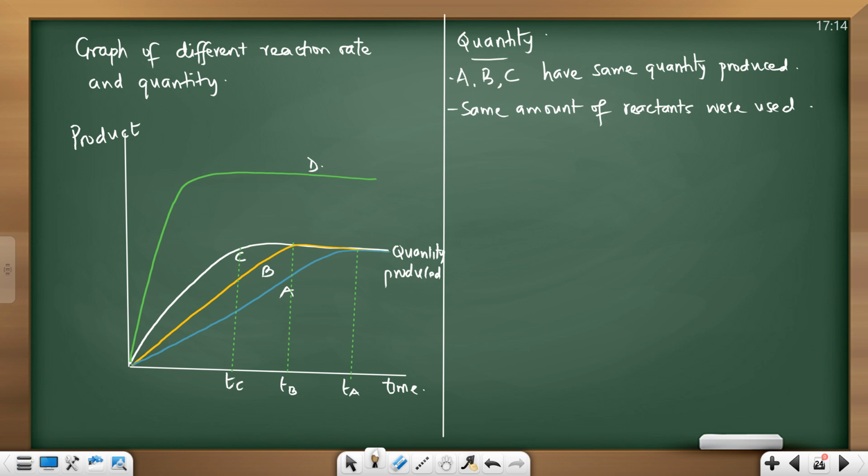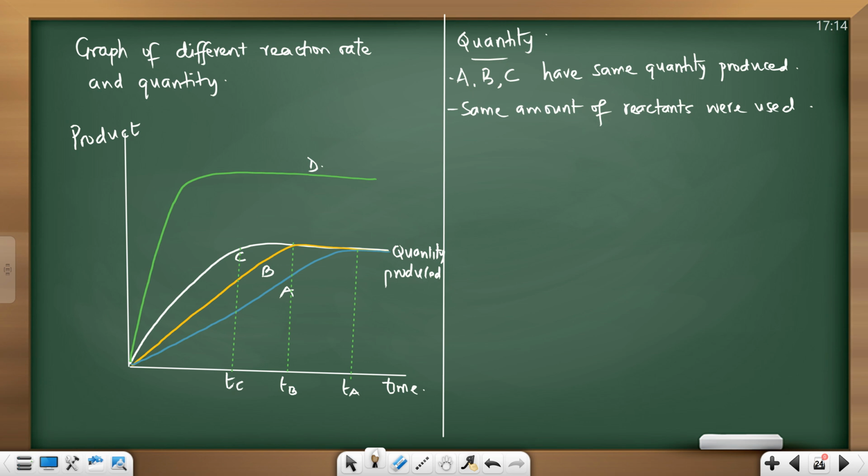But you would notice something in this graph, that although they have produced the same quantity, their time frames are different. Which one do you think has the shortest time frame between A, B, and C? Talk to me, guys. I want to hear you.